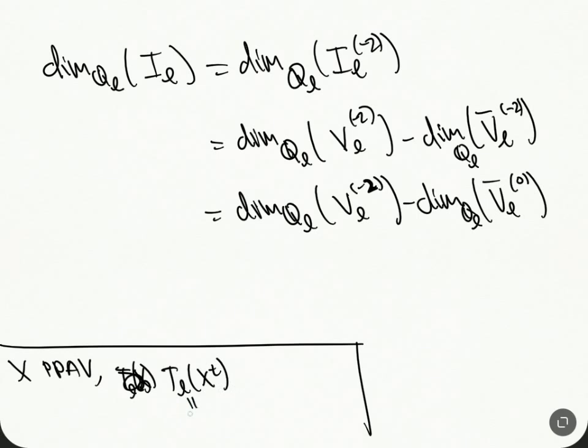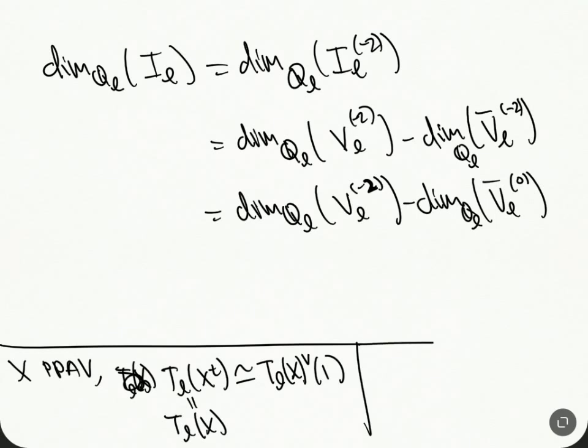So this is the dual abelian variety. Since it's principally polarized, we have an isomorphism here, but then there's a natural isomorphism between this and T_l X dual (1).